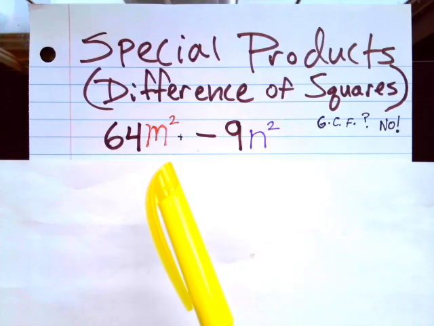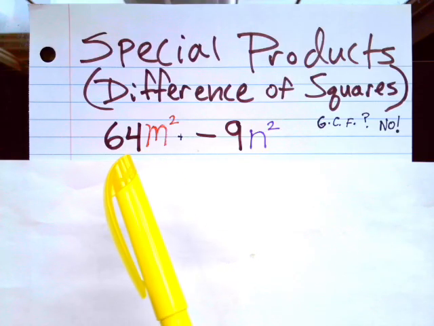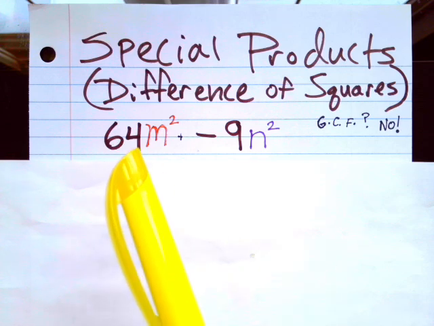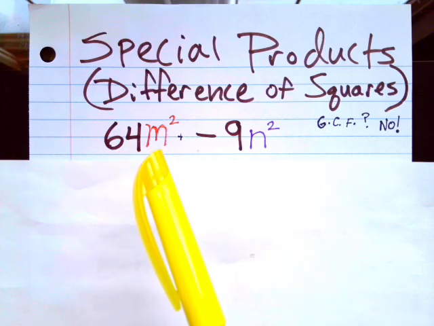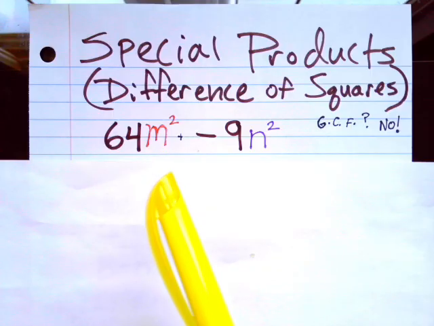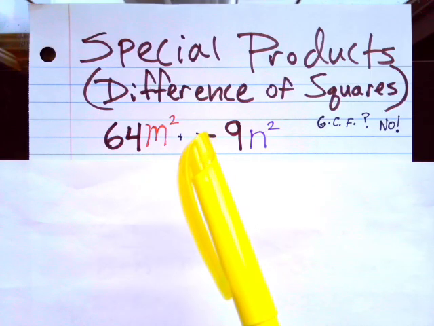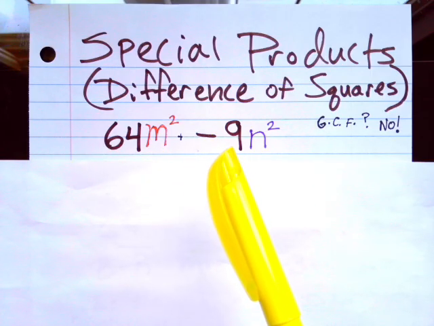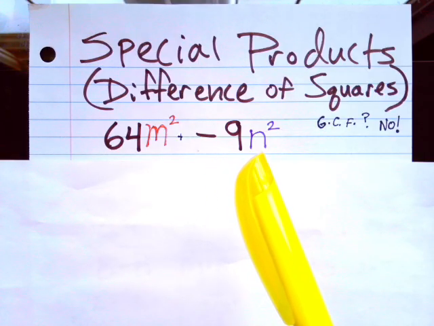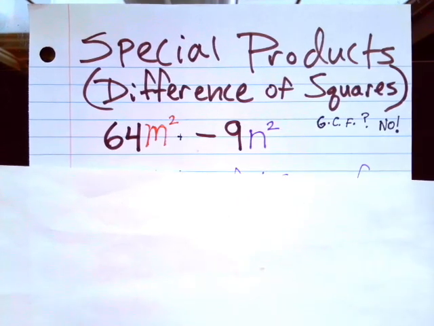But I can tell you this, they are perfect squares, because I know two numbers multiply to 64, two letters multiply to an m squared, m times m, two numbers will multiply to that negative 9, and we have two of the same letters that will multiply to that n squared. Let's take a look at those now.